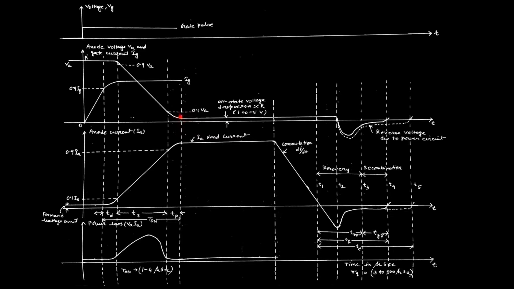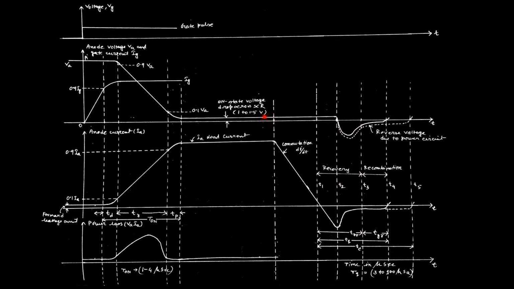not exactly to zero. As we know, as per the basic construction, it has 4 layers and 3 junctions. That is why there must be some ohmic drop, due to which a small voltage drop occurs during the whole on process while the device is conducting. This is defined as the on-state voltage drop, and it is around 1 to 1.5 volt.